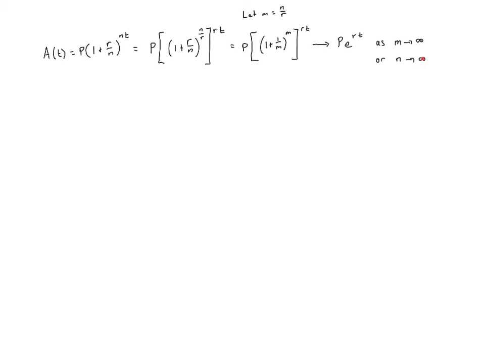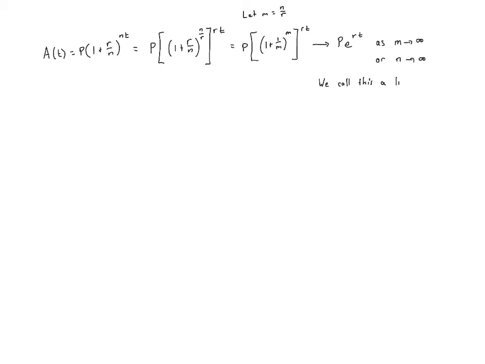So as the number of compounding periods gets bigger and bigger, and instead of compounding monthly, we're compounding daily or hourly or by the minute or even by the second, then as n approaches infinity, the formula that we have gets closer and closer to p times e to the rt, and we call this a limit.